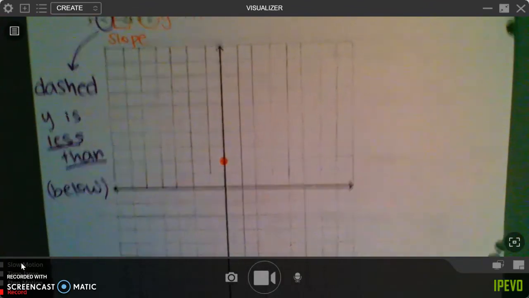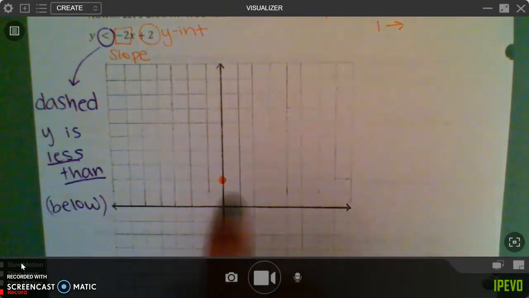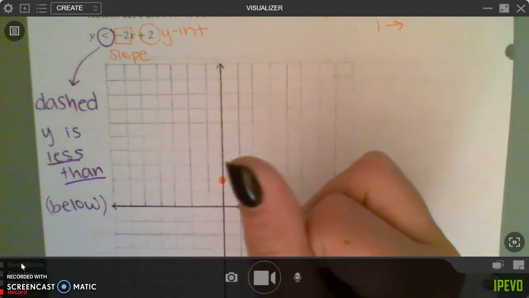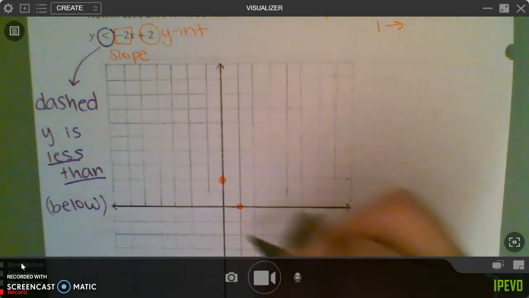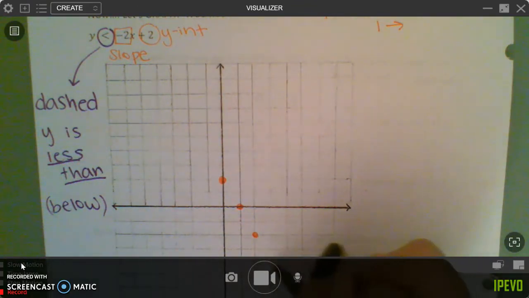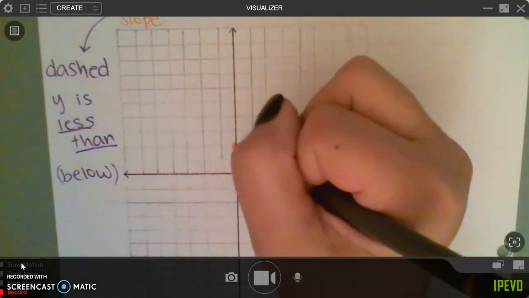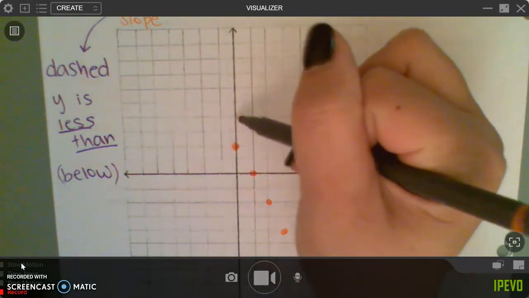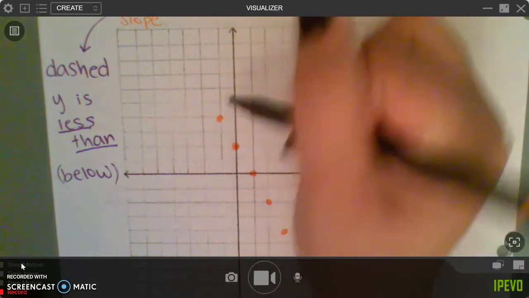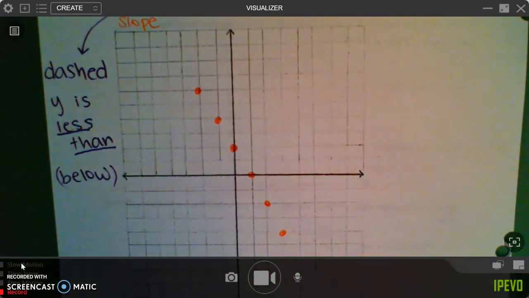So from my start point, the 2, I have to go down 2 and to the right 1. Go down 2 more and to the right 1. Down 2 more and to the right 1. And then you can also, at your start point, do the opposite. Go up 2, left 1, up 2, left 1. Then using a ruler, I want to connect the dots.